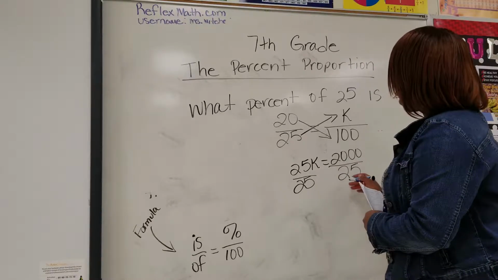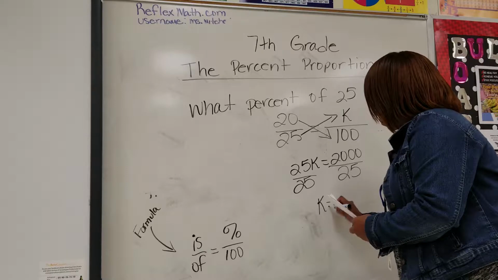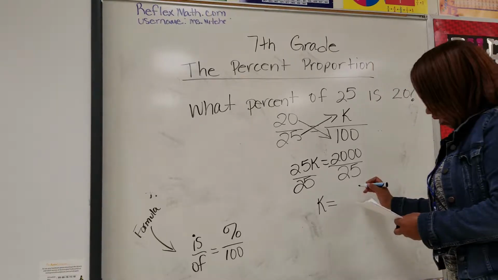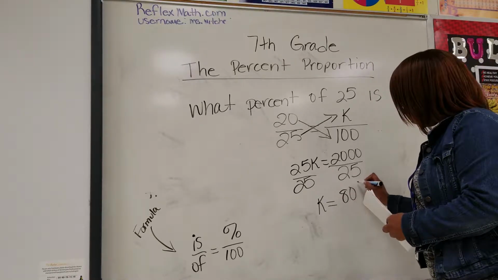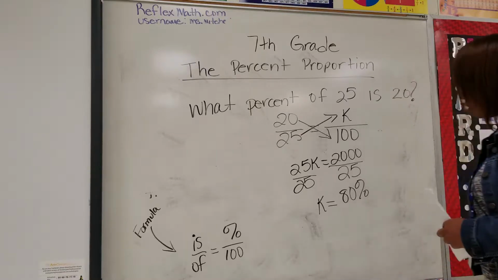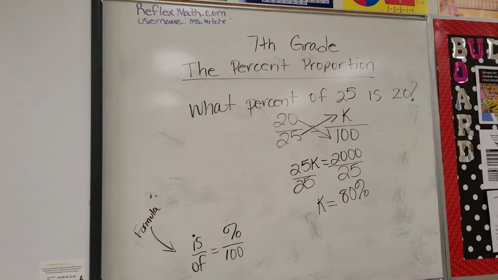And when we divide by 25, we get 80. So K will be equal to 80%.